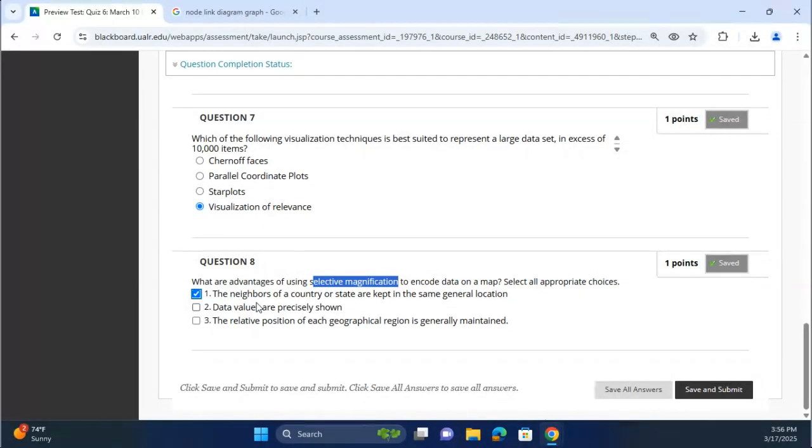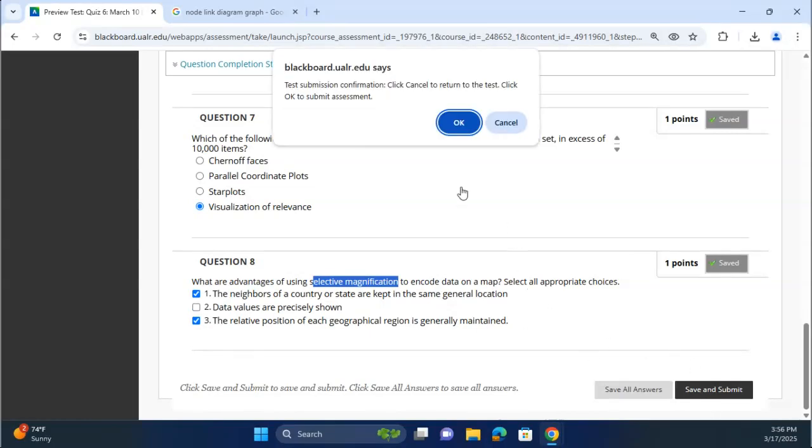You look at how big or small it is and figure out something that way. So data values are not going to be precisely shown. And then the relative position is generally maintained. Again, Europe is still going to have Germany and France next to each other, and Canada is not going to be close to India in any situation like that. So these two are the correct ones.